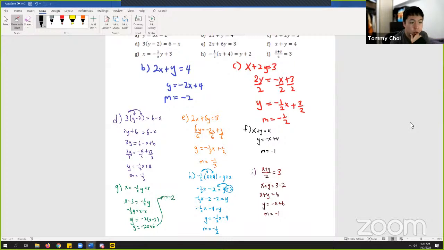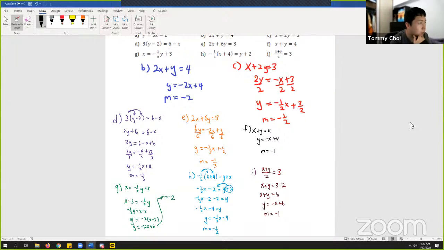You need to find the slope for all of this. You needed to do all of these conversions. If you did not, get the practice. Your test is on Monday. There's no reason not to. So make sure you get this done.